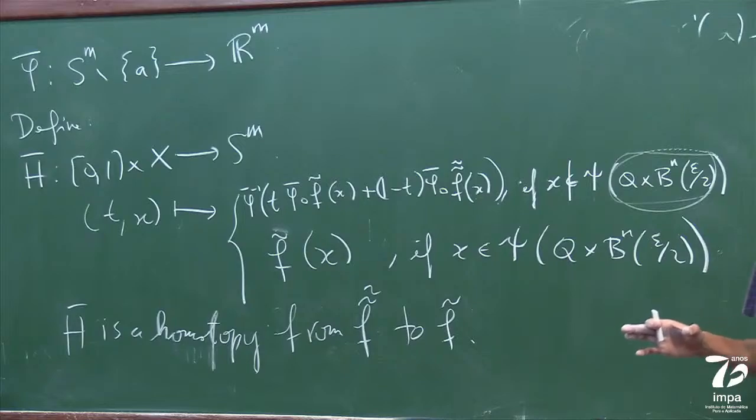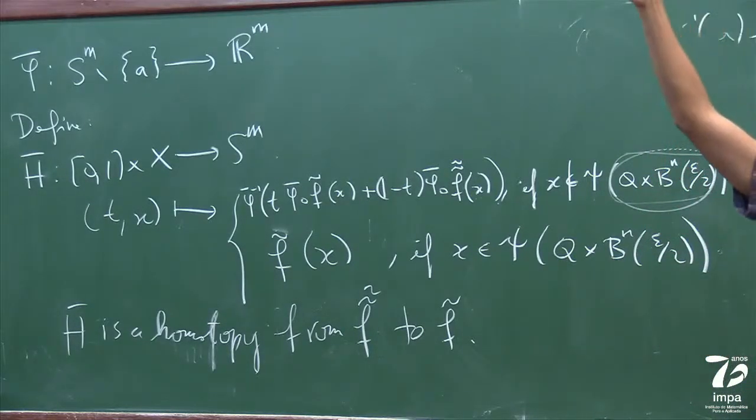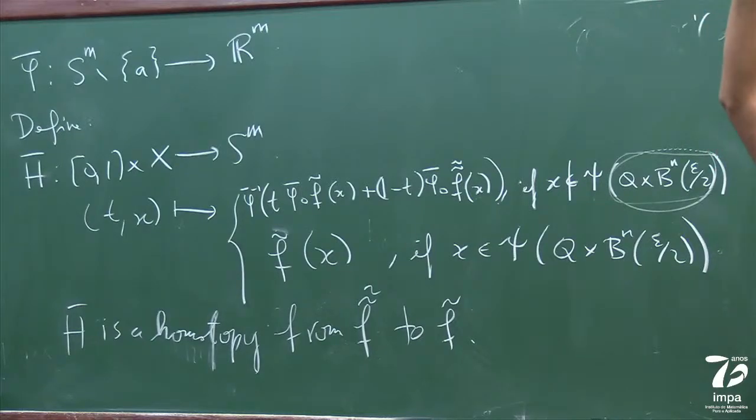We have these two functions, f and f tilde, that have the same framed submanifold, Q0. And then you want to find a homotopy from f to f tilde. So first of all, you use the fact that the framings are the same to say, well, I can homotope f to something that's equal to f tilde in a neighborhood of Q0. And then I use this other fact to say, okay, now outside of this neighborhood of Q0, I can homotope it so that they're the same.